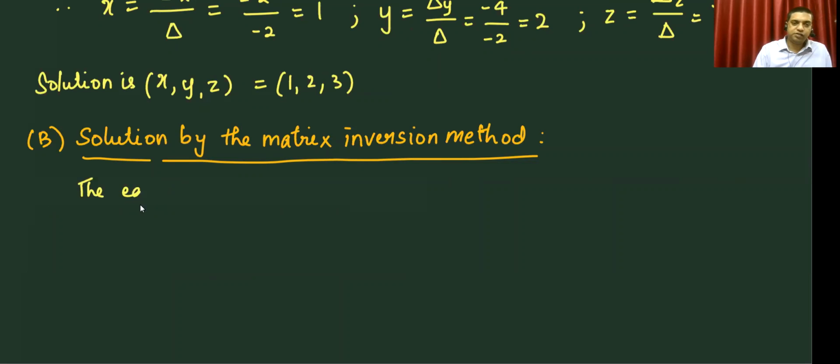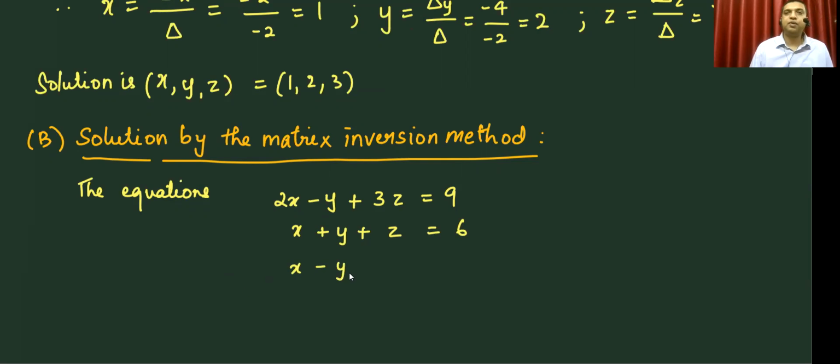The equations: 2x minus y plus 3z equal to 9. x plus y plus z equal to 6, and x minus y plus z equal to 2.